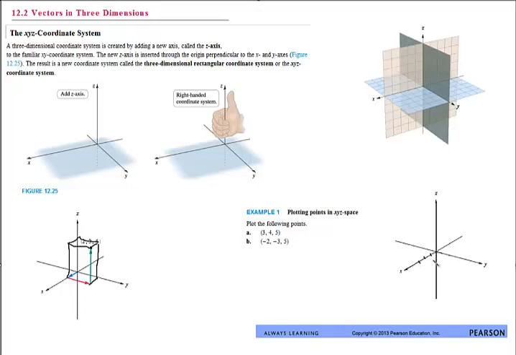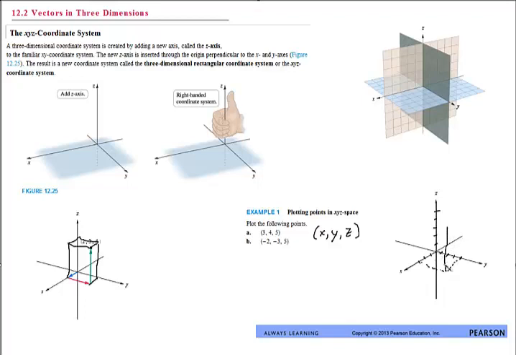There's 3. They all are in the form x, y, z. So the y will be going 1, 2, 3, 4, and then we're going to go up 5. 1, 2, 3, 4, 5. So it'll be 3, 4, and then we're going to imagine that it is extended up in space to this point straight up 5 units.